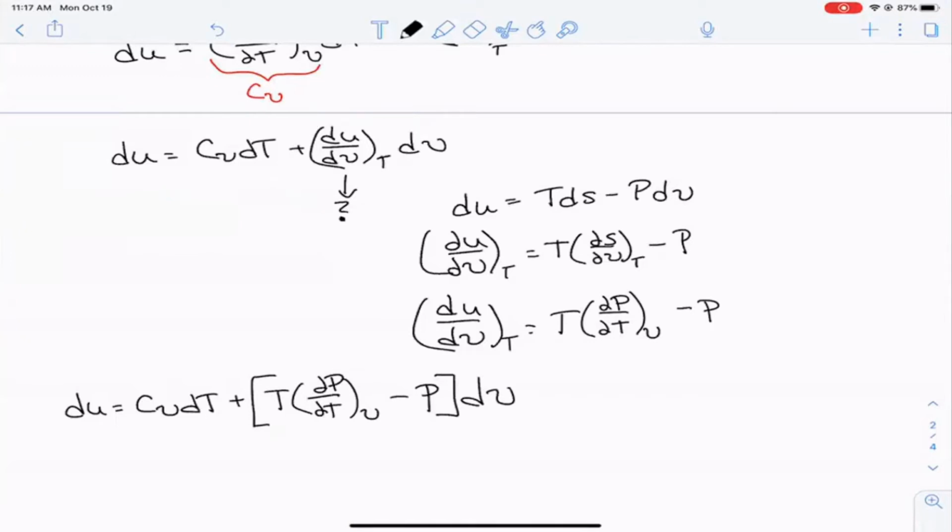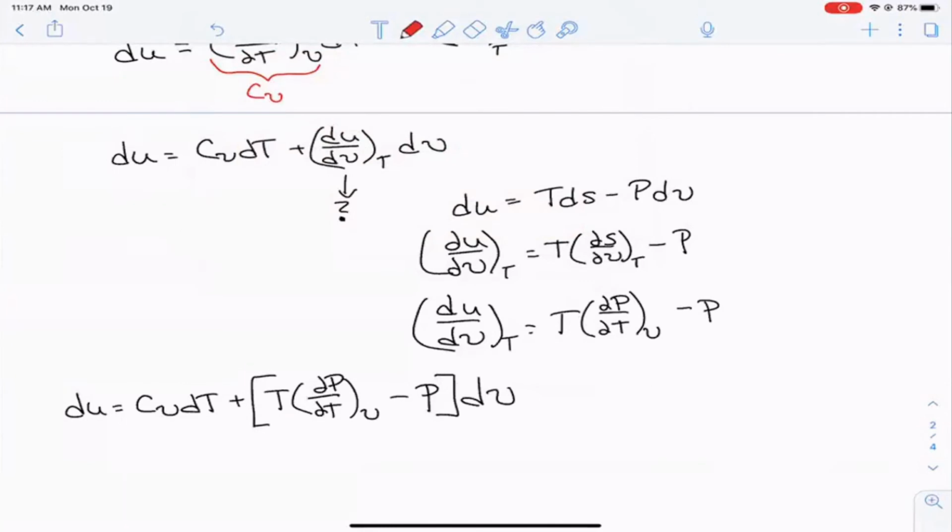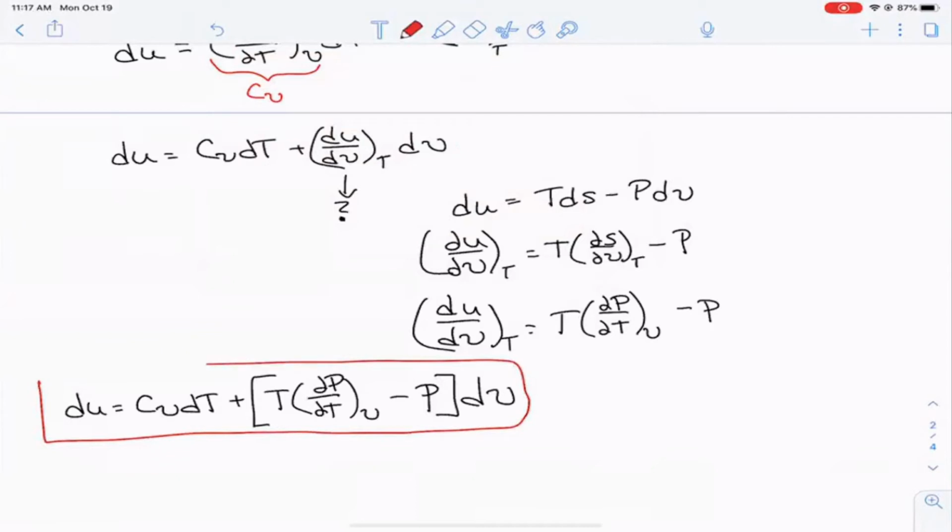The first thing I would like to say is that this relationship that is now derived is always true. We have not made any assumptions here. All we've done is ask a question, and we mathematically came up with a construct to answer it. So this is always true thermodynamically.